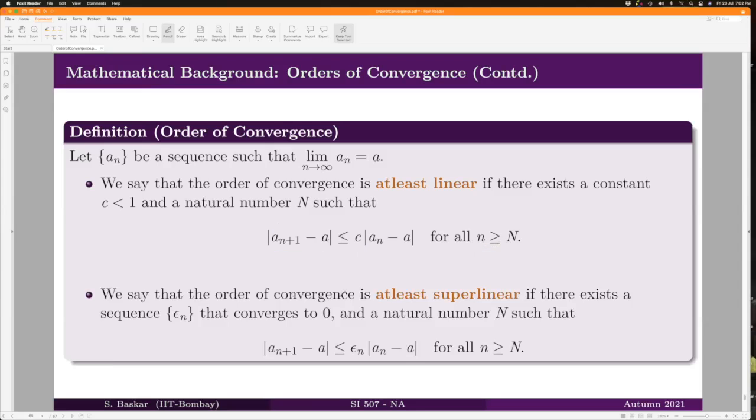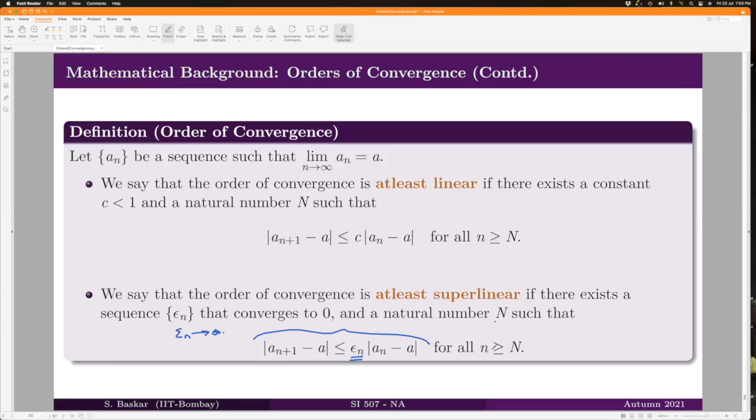We say that the order of convergence is at least superlinear if there exists a sequence epsilon_n that converges to 0 and a natural number N such that the same kind of condition happens, but now with epsilon_n. Remember, epsilon_n is converging to 0. So your distance is shrinking very rapidly in a sense, right?